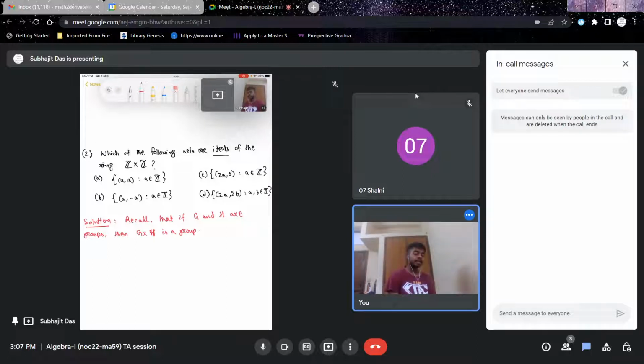My point is, if A is a subgroup of G and B is a subgroup of H, then certainly A cross B is a subgroup of G cross H, right? Yes, sir. But is the converse true? That is, if you take any subgroup of G cross H, is it always of the form A cross B, where A is a subgroup of G and B is a subgroup of H? Is that true?